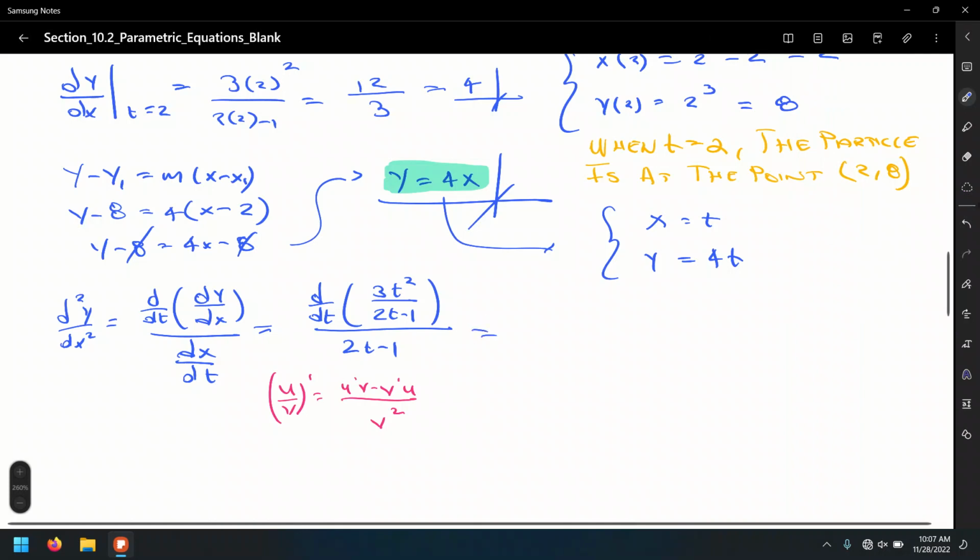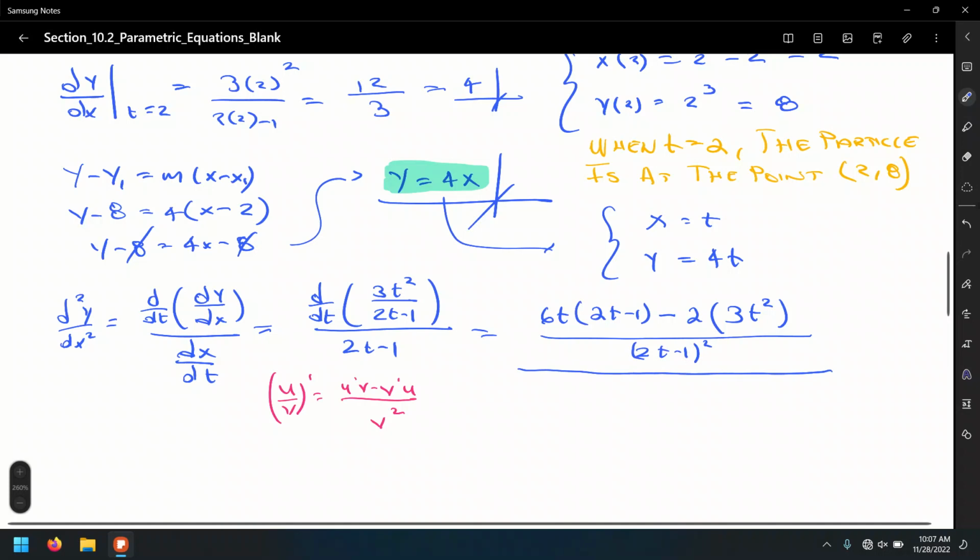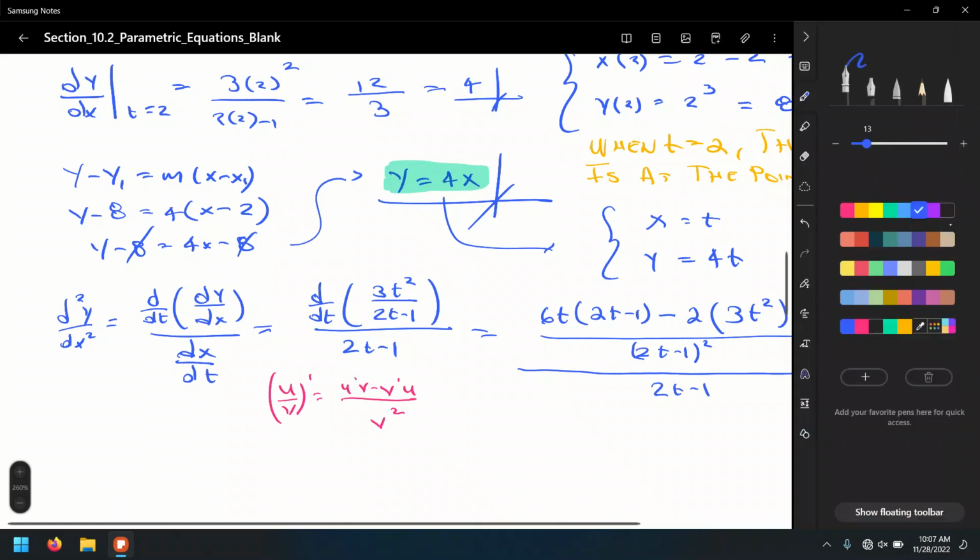The derivative of the numerator, which is 6t, times the denominator 2t minus 1, minus the derivative of the denominator, which is 2, times the numerator 3t squared, and divide the whole thing by 2t minus 1 quantity squared, but the whole thing is being divided by the quantity 2t minus 1, which is, in this case, the dx dt.